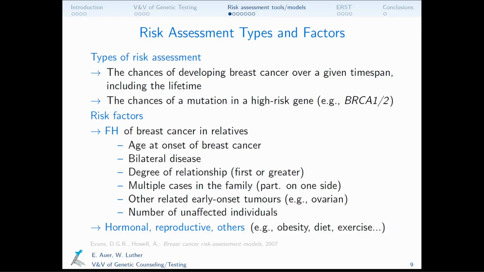The risk factors can be hereditary, family history based, for example, with such subfactors as age at onset or number of unaffected individuals in the family. But there are also a number of other factors, for example, hormonal or reproductive factors, or factors based on a patient's diet or exercise.